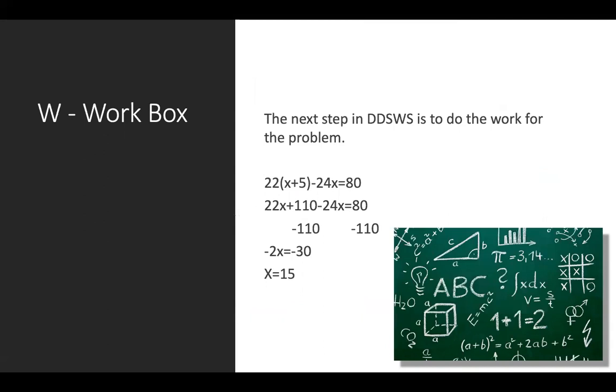And I will distribute the 22 for x plus 5, and I get 22x plus 110 minus 24x equals 80. And then you subtract 24x from 22x and 110 from both sides to get negative 2x equals negative 30. If you divide negative 2 on both sides, you get x equals 15.